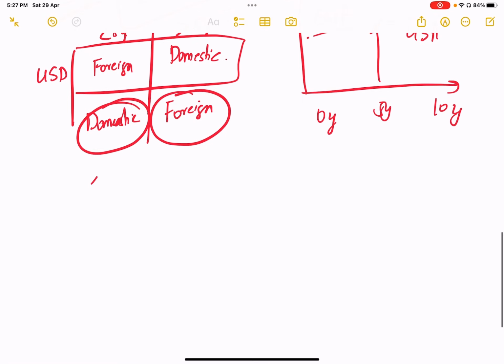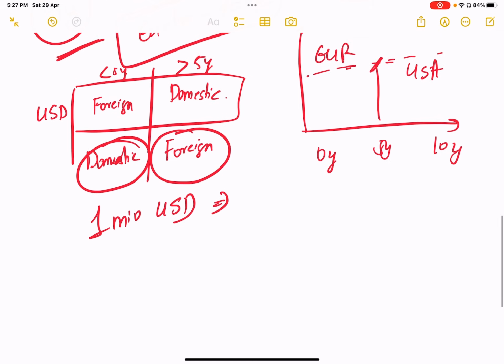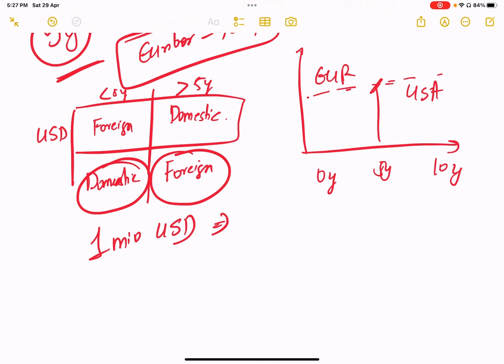Because if I had, let's say, 1 million USD to invest, or not 12 million USD, maybe 1000 USD, then what I will do is I will swap it to euro because I just pay Euribor minus 80 bips and I get USD LIBOR.